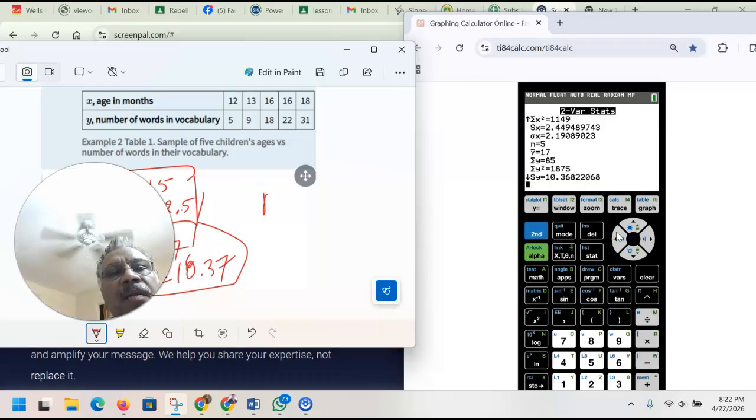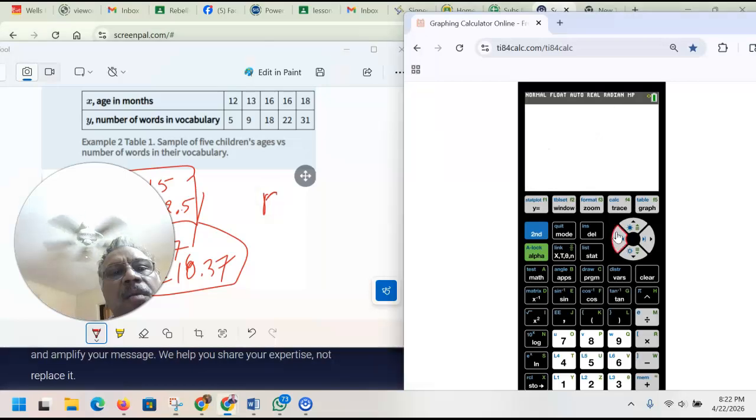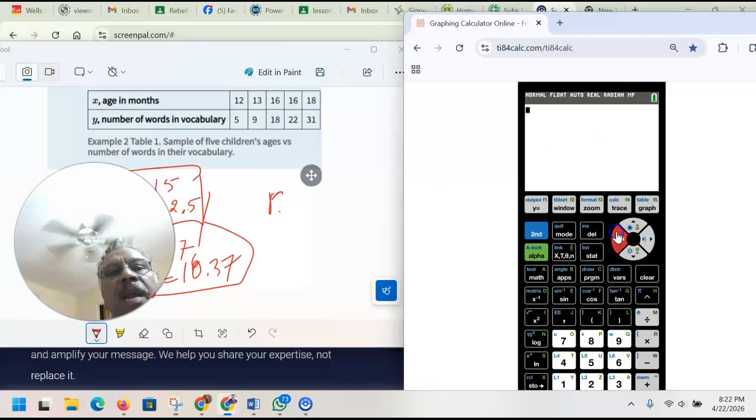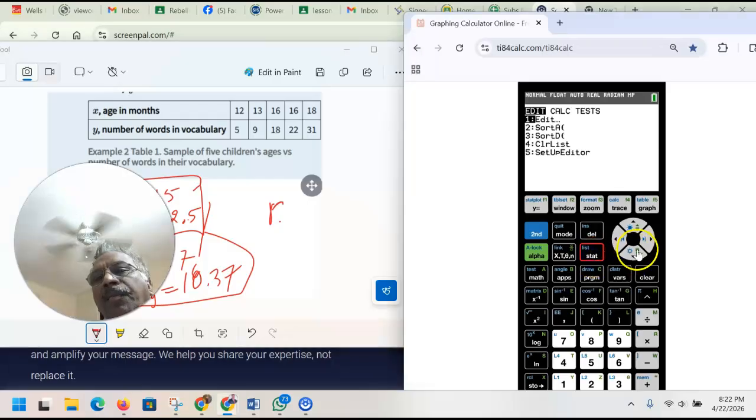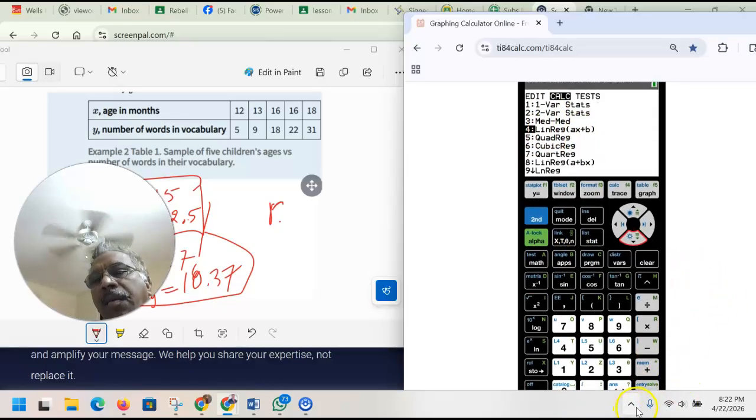Our goal is to find the regression line, and we can use it directly. Watch. Click on calc, go all the way down, and there's a 4, linear regression. Then enter.